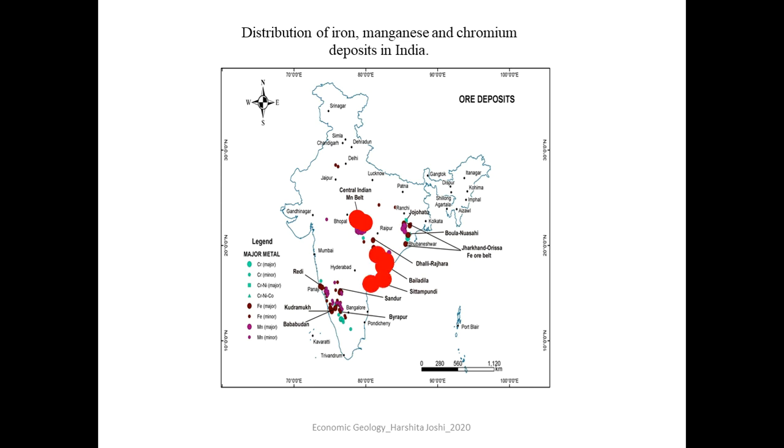So how are these formed, where are these found, and at which time were they formed? It is not that you suddenly start getting an ore within 1 or 2 days. It takes time for the ore to get deposited.